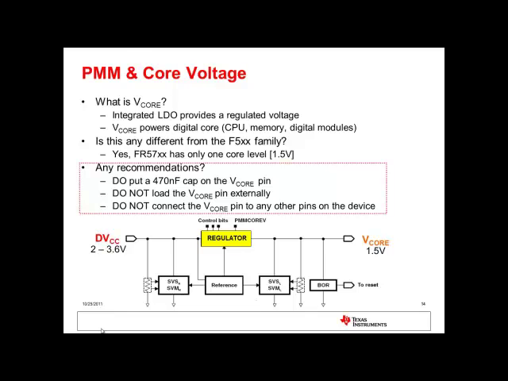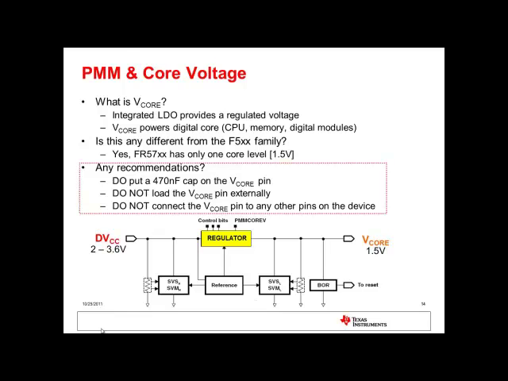PMM and Core Voltage. The Power Management Module, or PMM, manages all functions related to the power supply and its supervision for the device. Its primary functions are first, to generate a supply voltage for the core logic, and second, to provide a mechanism for the supervision of both the voltage applied to the device at the DVCC pin and the voltage generated for the core, known as V-core.